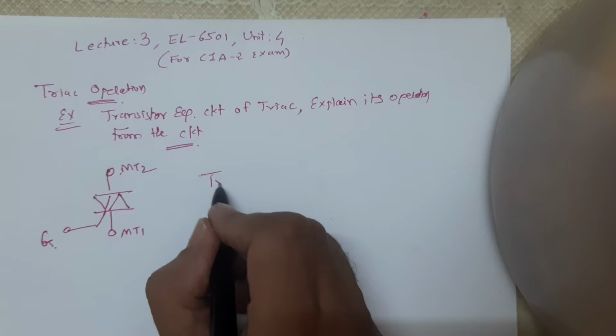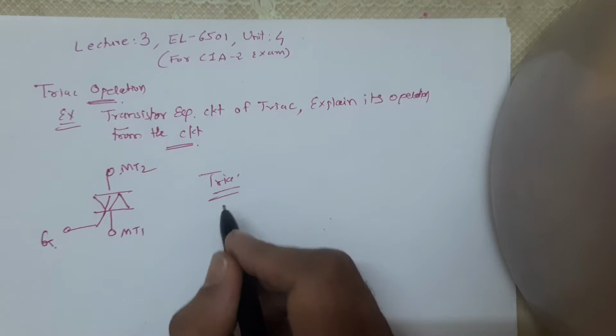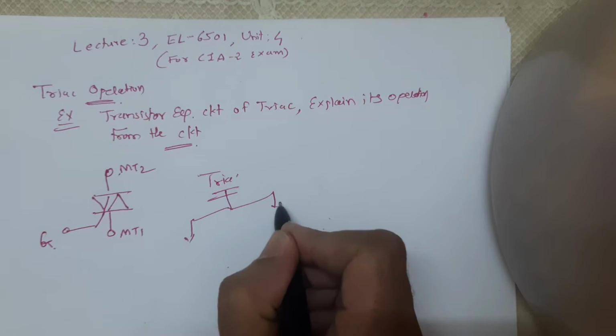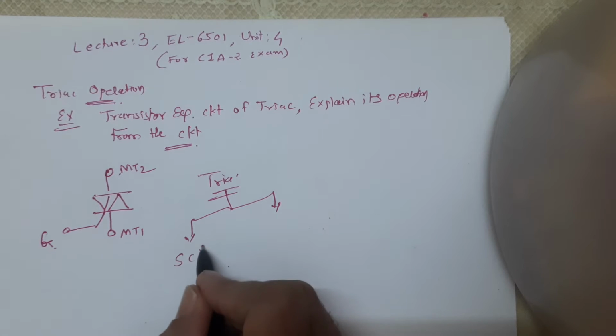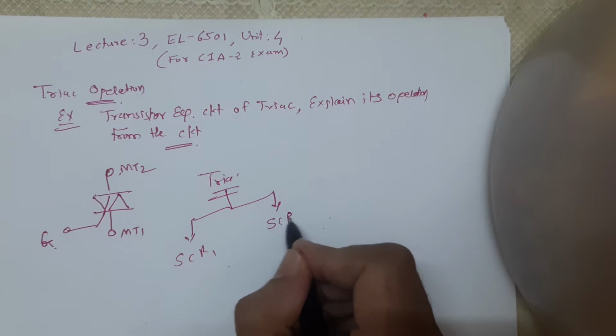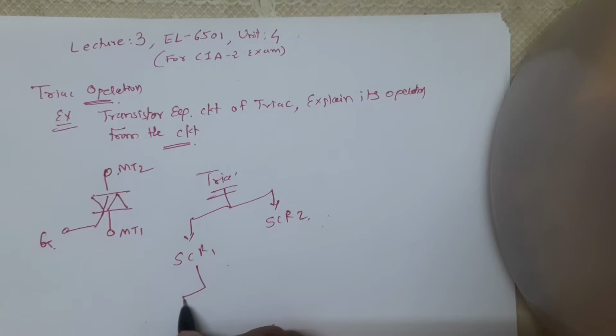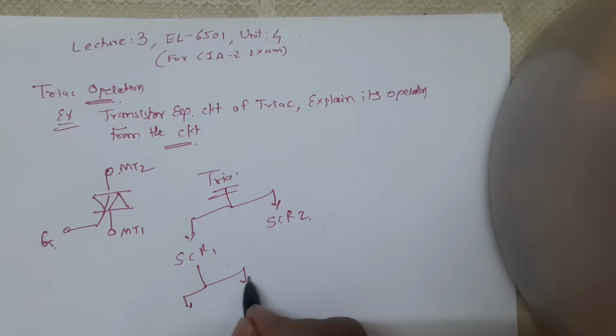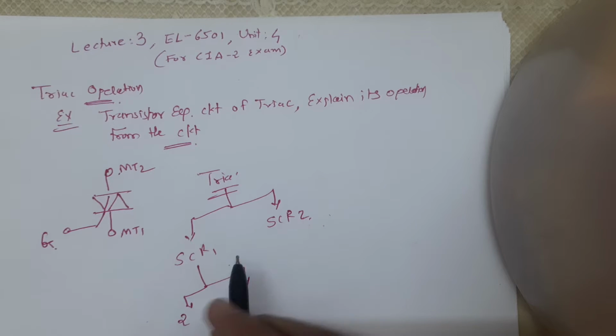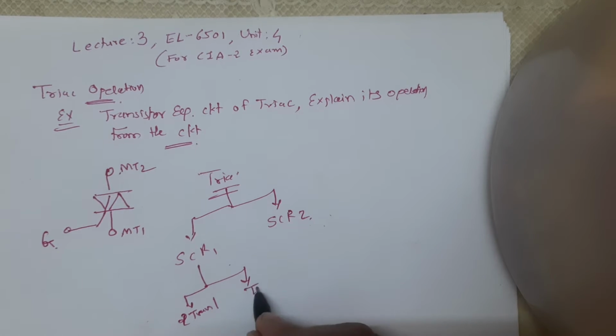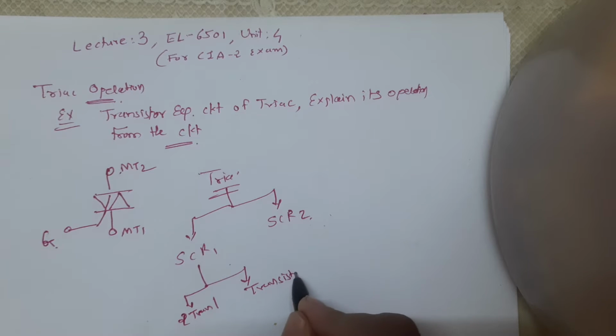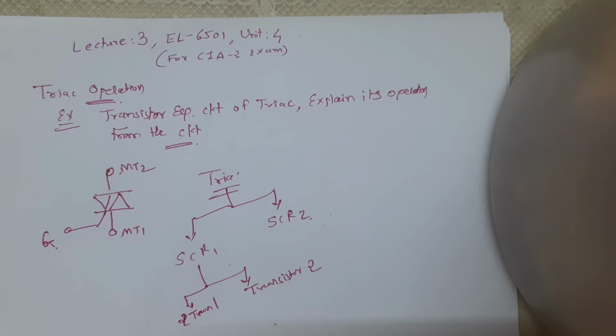This triac is made with the two SCRs, SCR1 and SCR2, and each SCR is made with the help of two transistors, transistor 1 and transistor 2.